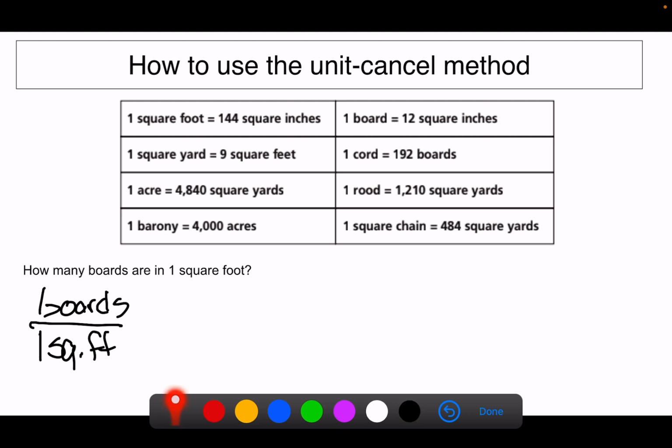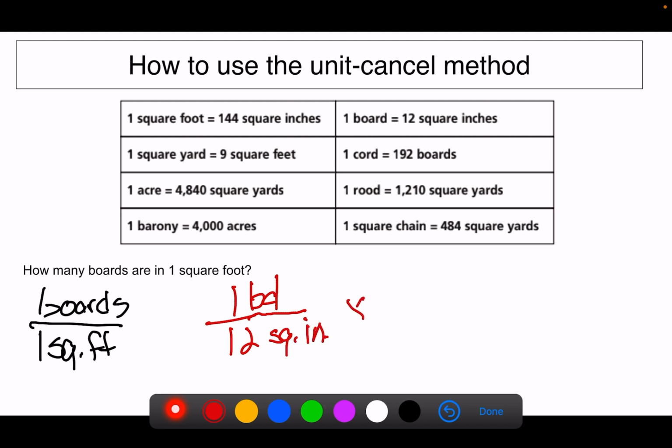Okay, let's see. I have square foot in yard, square foot in inches, inches in board. So I'm going to set up 1 board. Let's go red. 1 board, I'll use BD to abbreviate board, is 12 square inches.